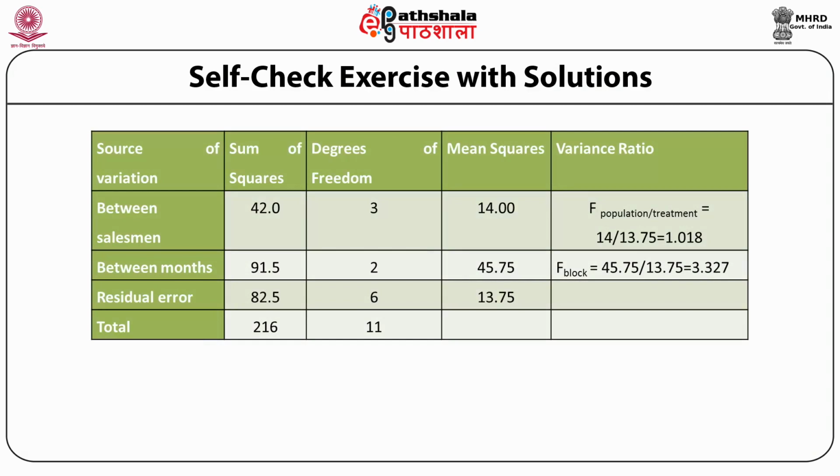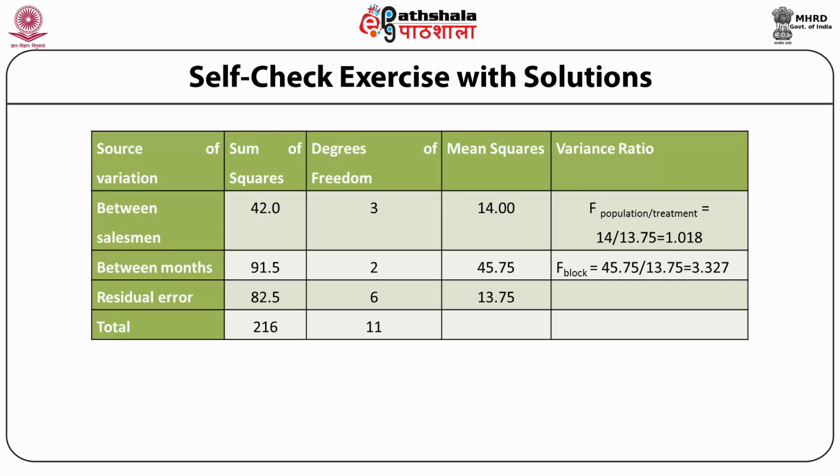Now, between salesmen, the sum of squares has come out to be 42, degrees of freedom is 3, and MSTR, the mean square, is coming out to be 14. Then between months, or within rows, the sum of squares is 91.5 and degrees of freedom is 2.